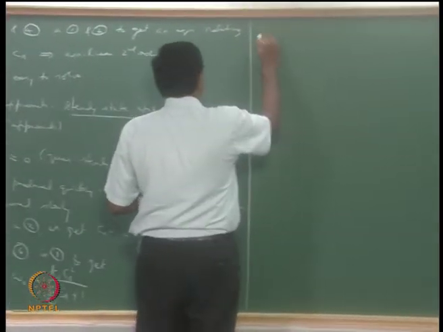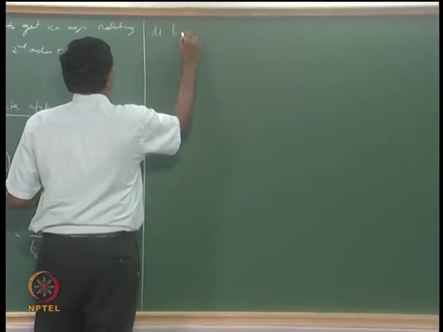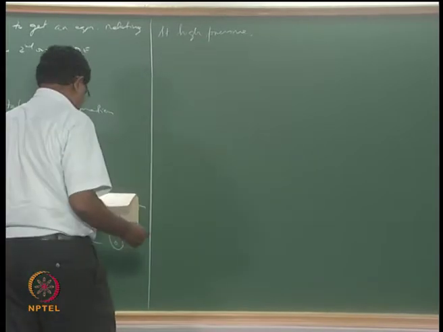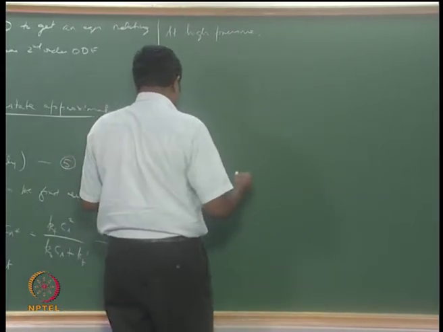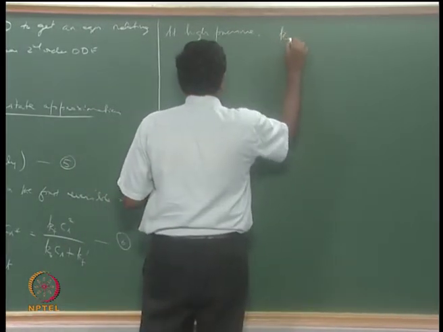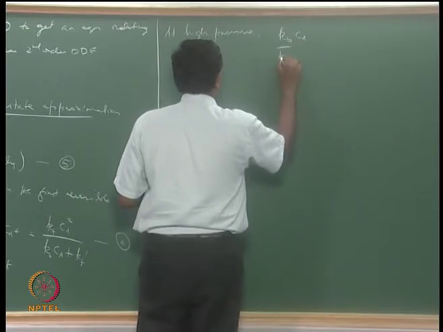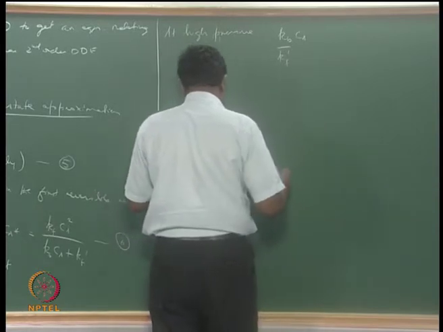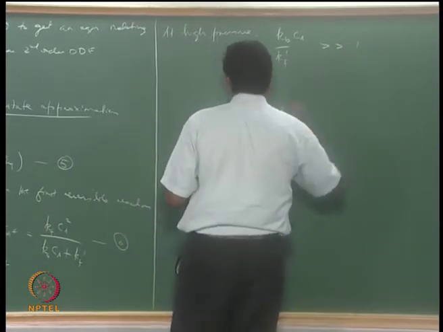So at high pressure, KB Ca over Kf prime is much greater than 1.